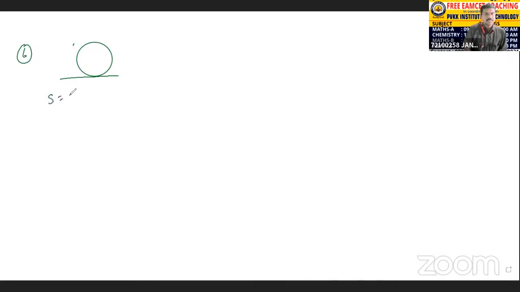S is given, S is equal to 20 meter. And force 200. Is it a pulling force or a pushing force? The rope makes an angle of 60 degrees with the vertical, so this is a pulling force. Pulling force is equal to F. F is equal to 200 Newton.